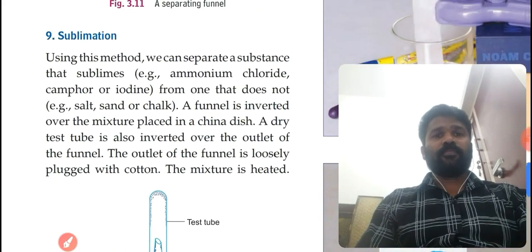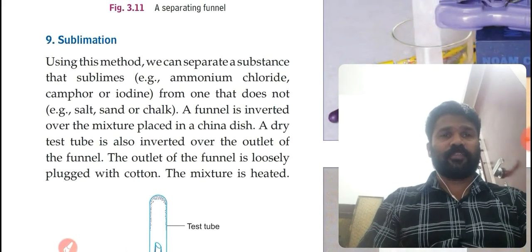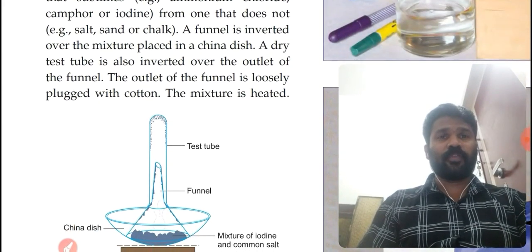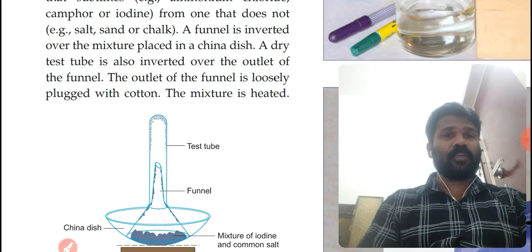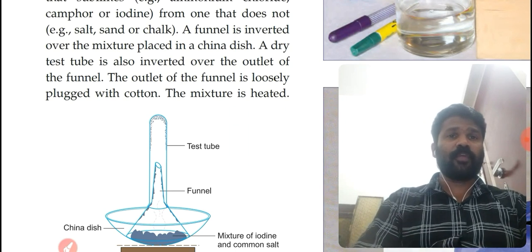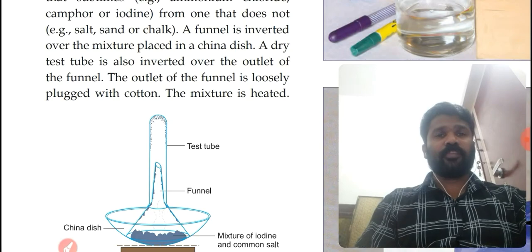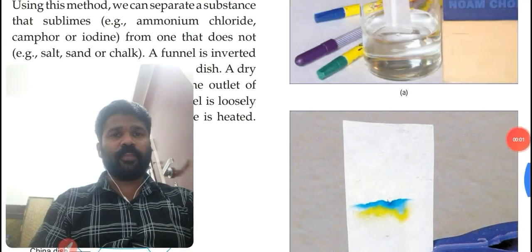Now, a funnel is inverted over the mixture placed in a china dish. A dry test tube is also inverted over the outlet of the funnel. The outlet of the funnel is loosely plugged with cotton. Clear? The mixture is heated. So, students, what will happen by heating?